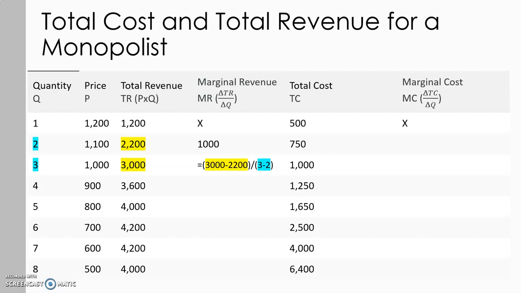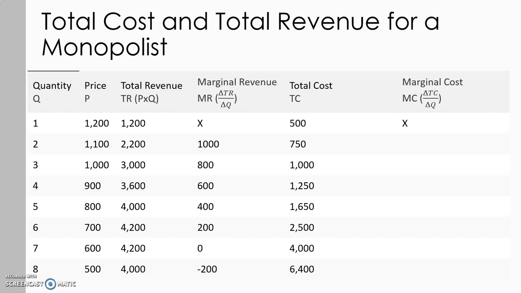And then we take the change in quantity, 3 minus, what was the quantity right before we made our third unit? Right, 2. So 3,000 minus 2,200 is 800. 3 minus 2 is 1. Our marginal revenue is 800. We can work through the same calculations and find that our marginal revenue seems to be decreasing by 200 every time we produce a unit.